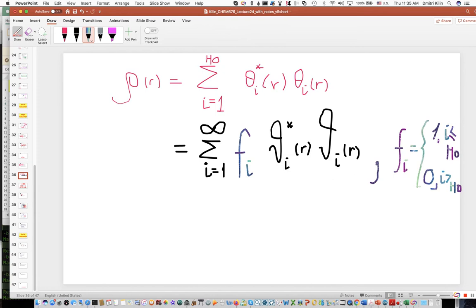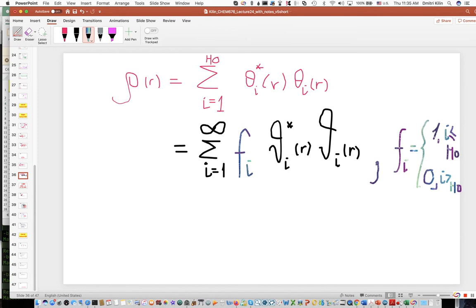Okay, so we do have an equation that formally, mathematically combines all orbitals into density.